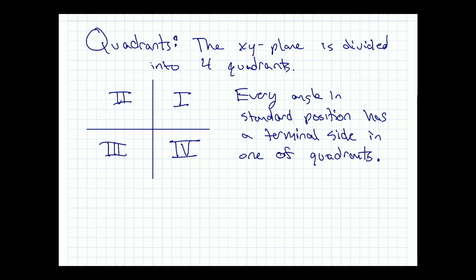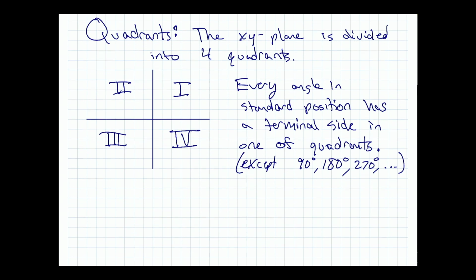Because 90 degrees is right between 1 and 2 and so on, except 90, 180, 270, dot, dot, dot, right? But otherwise, you have angles that are in one of the quadrants. And so the terminal side is in one of the quadrants, and if the terminal side is in one of the quadrants, we say the angle is in one of those quadrants.